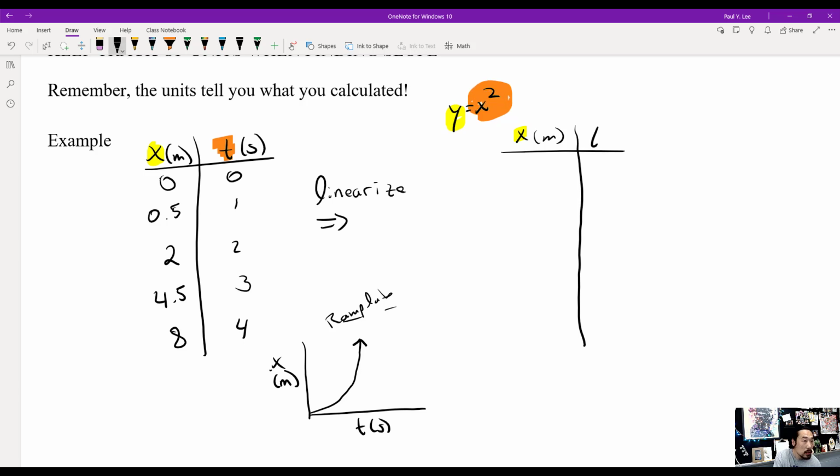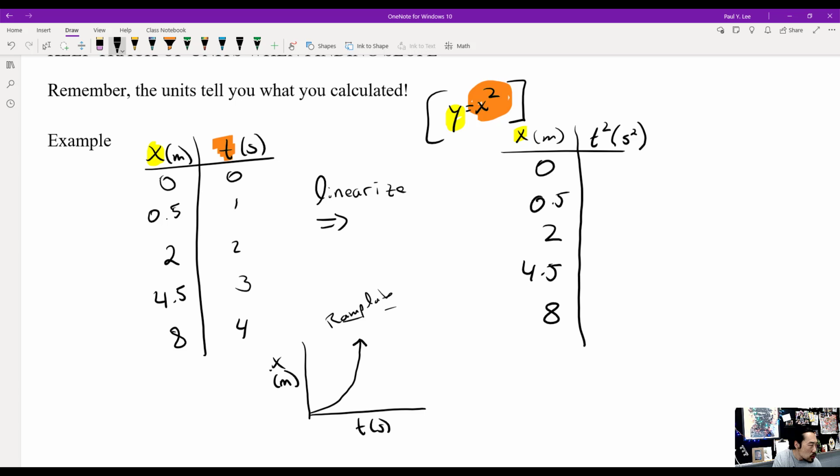So it will be t squared. And the units, as I mentioned before, you should always adjust as well. Mathematically speaking, our position column won't change because this formula says we don't have to.